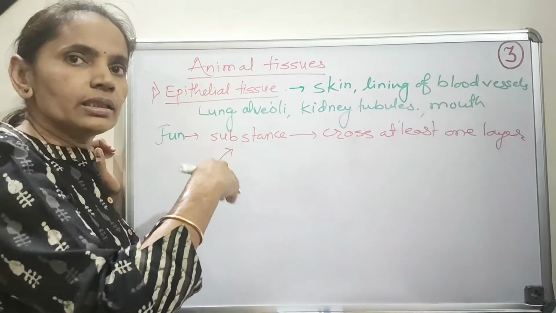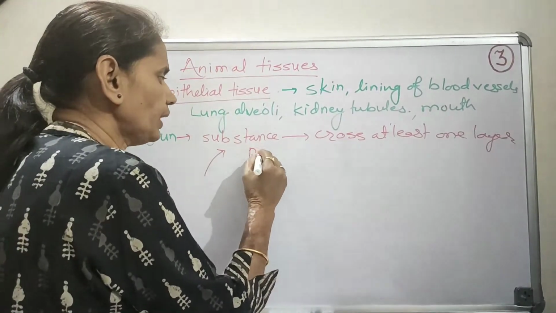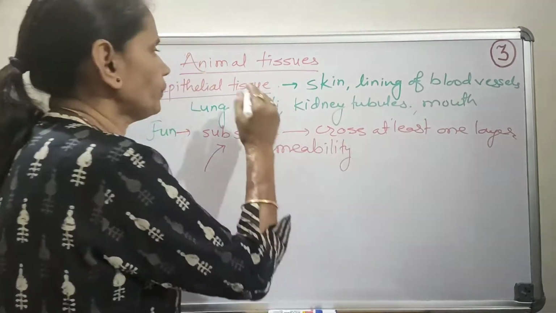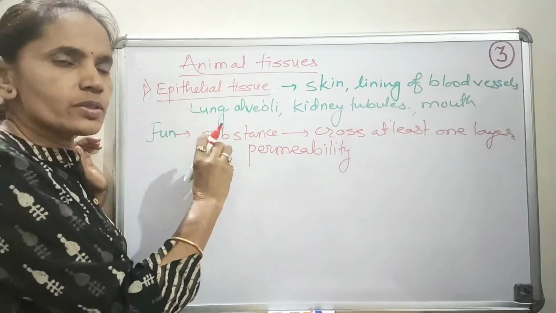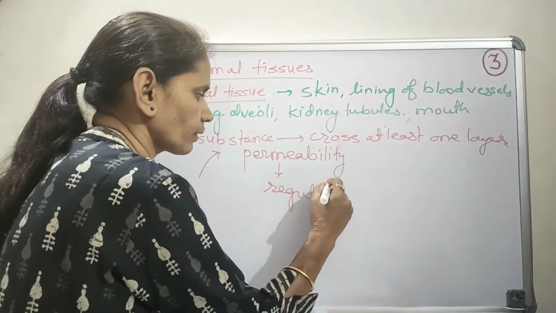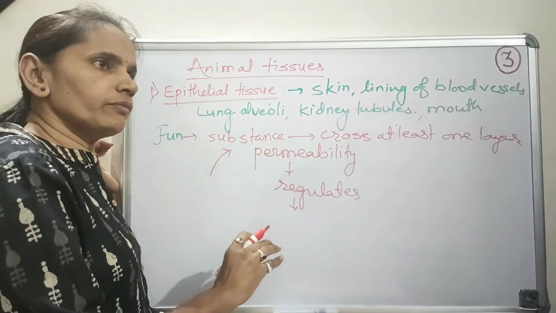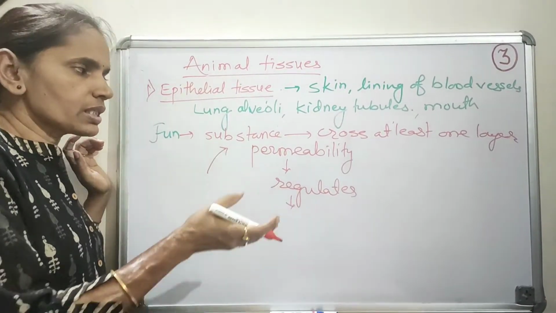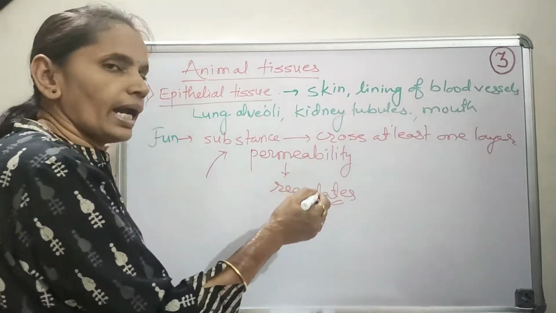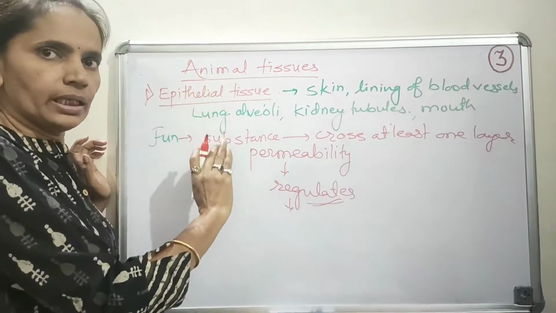Because it is the covering, protective layer. So the permeability of the cells of epithelial tissue regulates the transfer of substances within the body. Whatever is coming in or going out is regulated because of the permeability of cells of epithelial tissue.